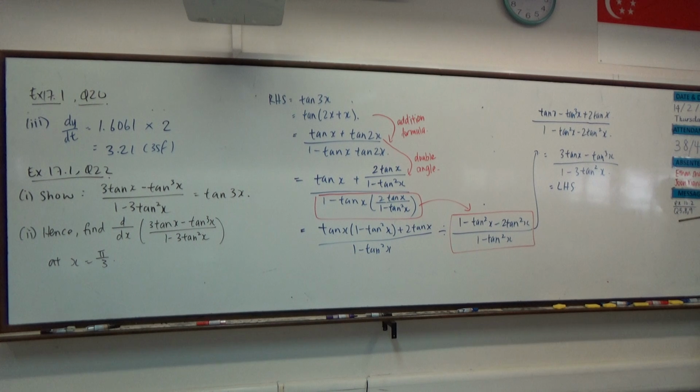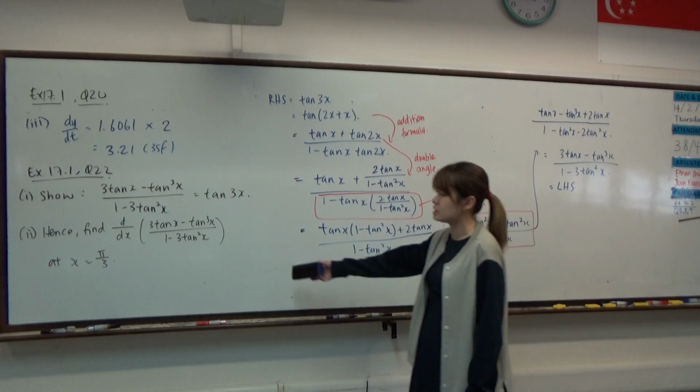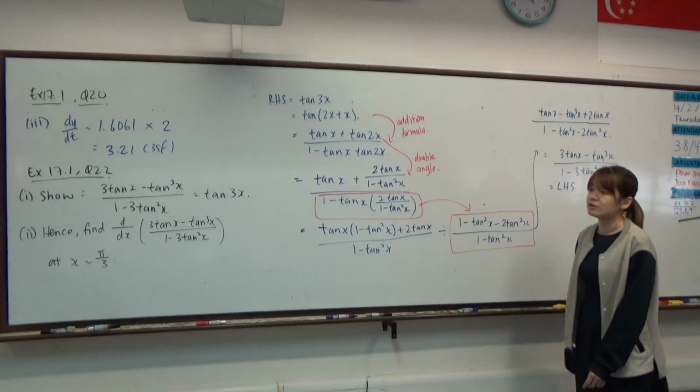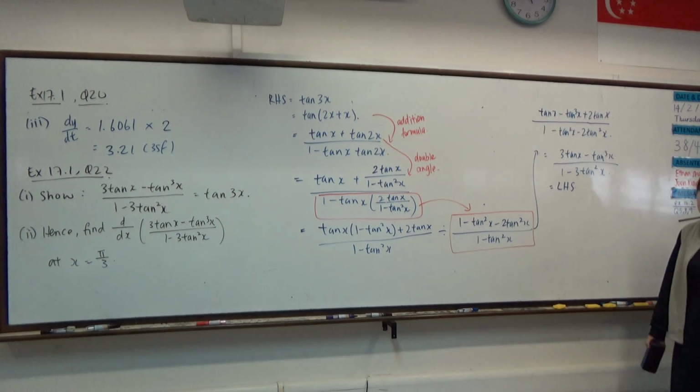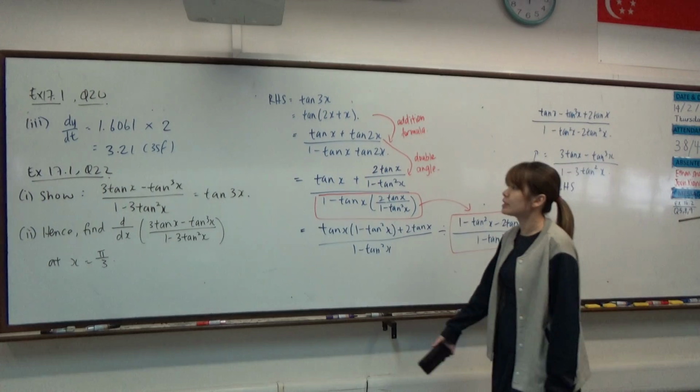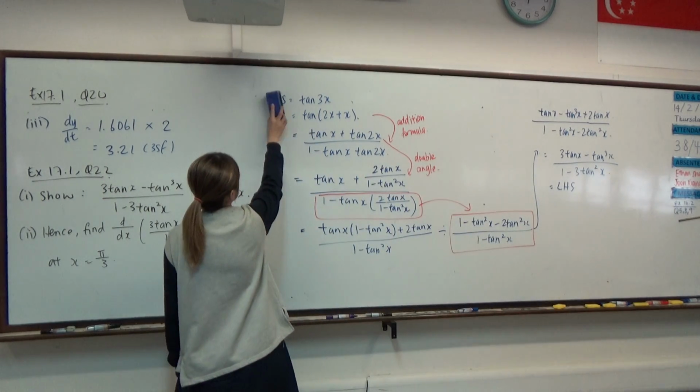Part 2, we want to differentiate this fraction over here at x equals pi over 3. Therefore it was necessary for us to show that it is equal to tangent 3x, because from there we will be able to differentiate easily.